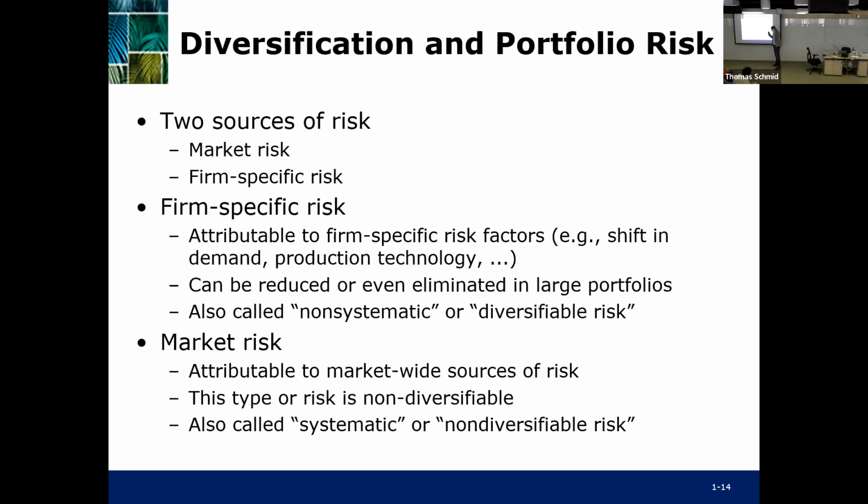Well, if you think about it, in large portfolios, firm-specific risks will not matter, right? Because let's say one firm suffers a lot because its factory burns down. Or let's say Toyota's factory burns down, so Toyota cannot produce cars anymore. If you only own Toyota, that's pretty bad for you, because Toyota will suffer a lot from that.